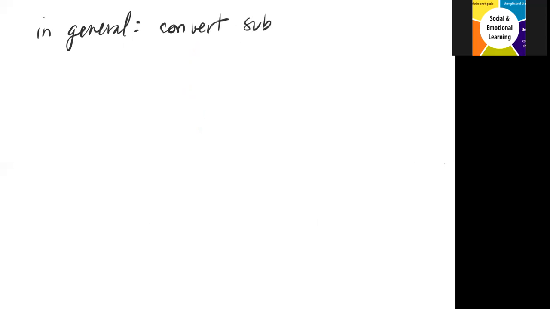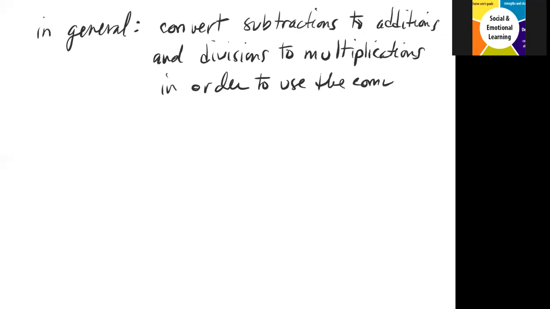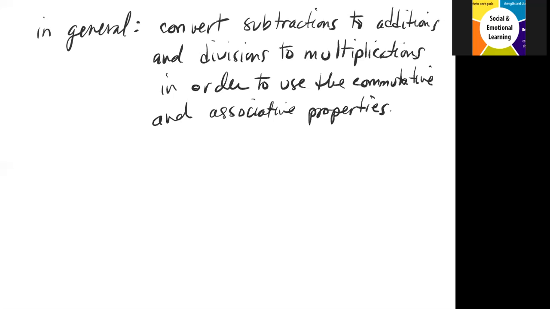Convert subtractions to additions and divisions to multiplication in order to use the commutative and associative properties. So that's a good rule to remember.